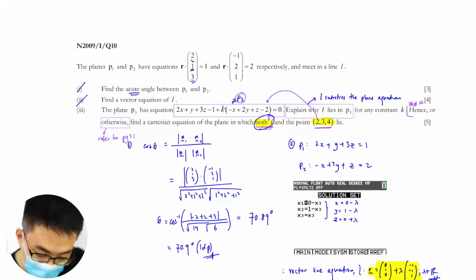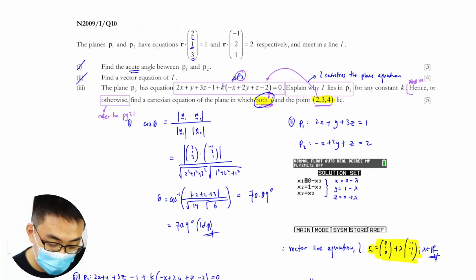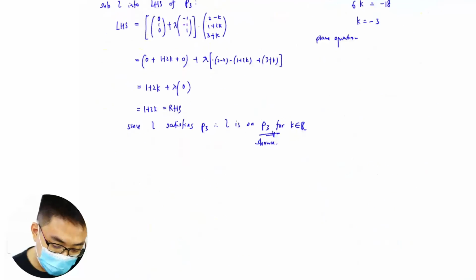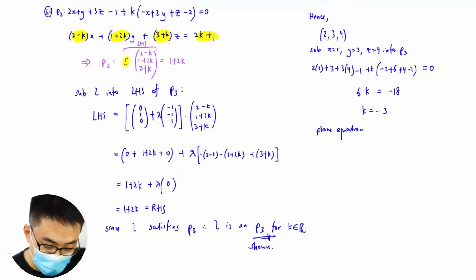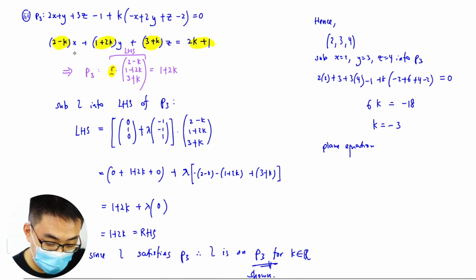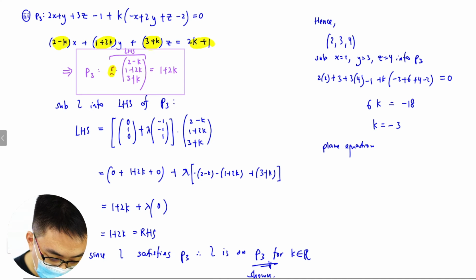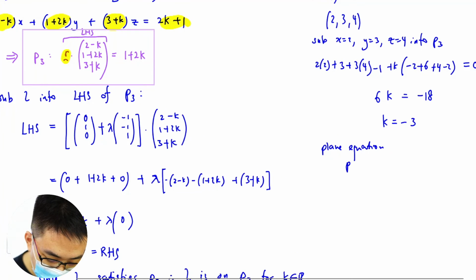So the plane equation, what do they want? They want the Cartesian equation. So the plane equation will just be this one. I'll just use plane 3 which you found. Just sub k inside here.